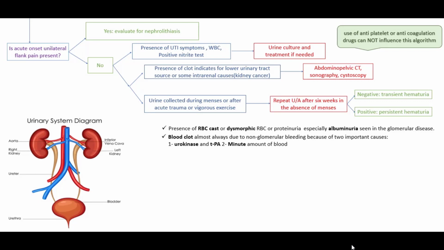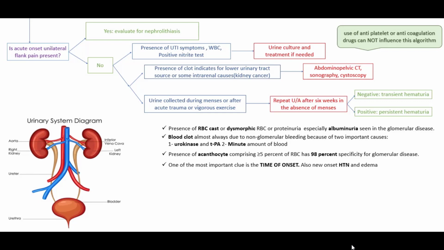Also we have a minute amount of blood in glomerular disease, and presence of acanthocytes comprising more than 5% of RBC has 98% specificity for glomerular disease.